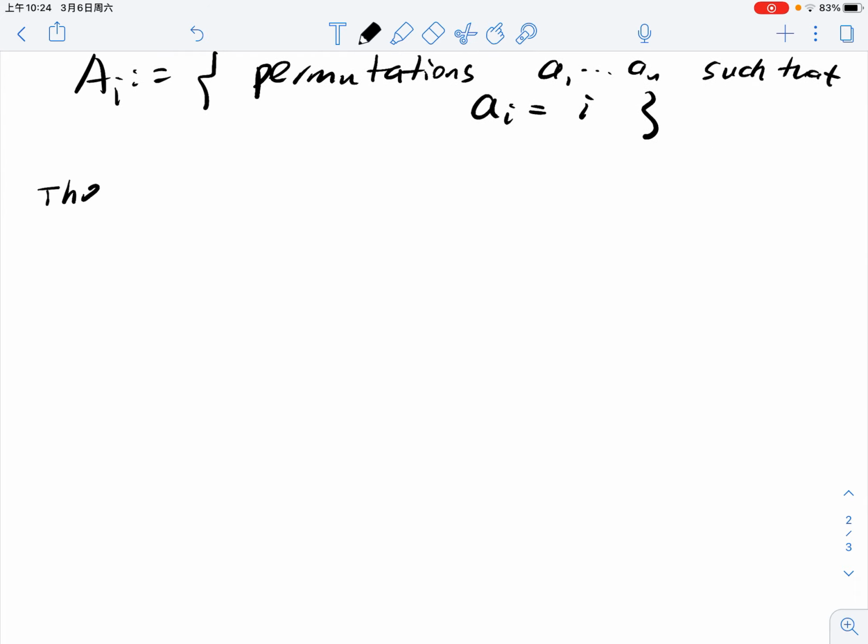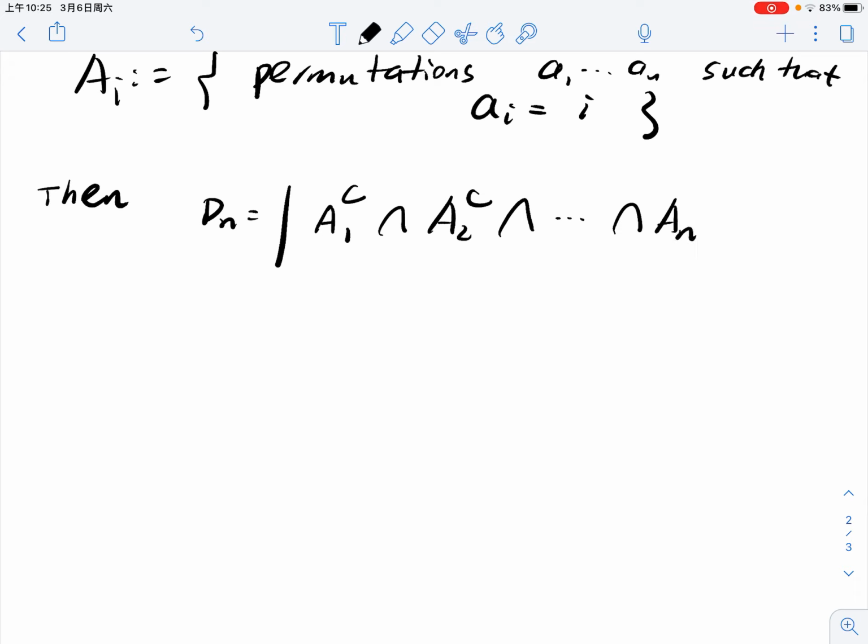Then Dn is just the cardinality of the intersection of all the complements from 1 to n: A1 complement intersect A2 complement, intersect all the way to An complement.